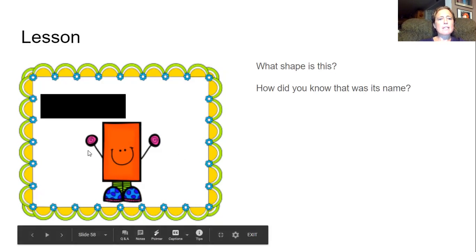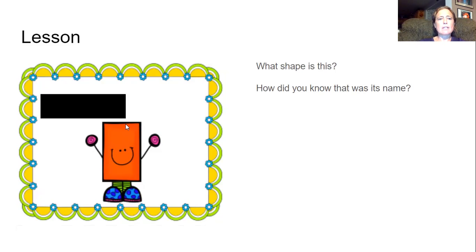Let's think about that. We know that a rectangle has opposite sides that are equal. So this side is equal to this side, and this side is equal to this side. Unlike a square that has all equal sides, okay?